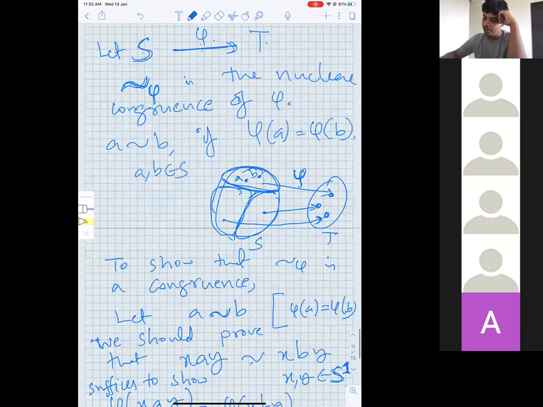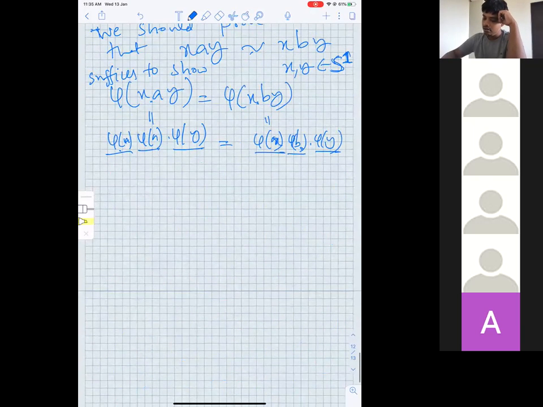And there is an important, standard theorem. It's called the first isomorphism theorem.